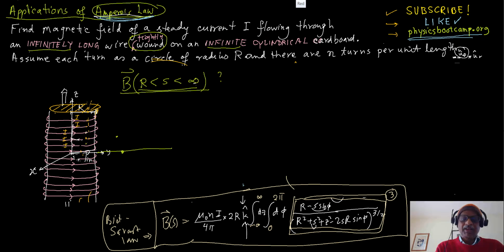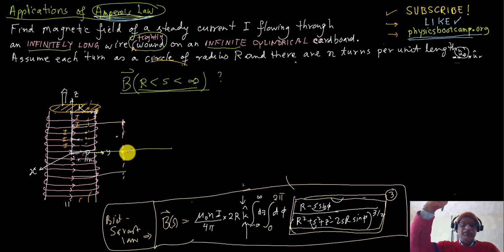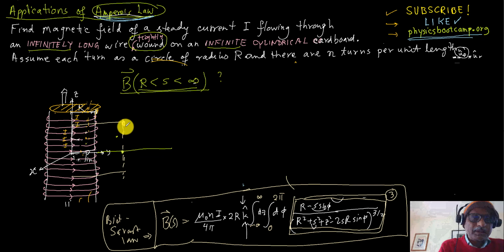Well, from the symmetry argument, if I stay on this, all of this, at the same distance away from this, because the cylinder is infinite, all of these points are equivalent.